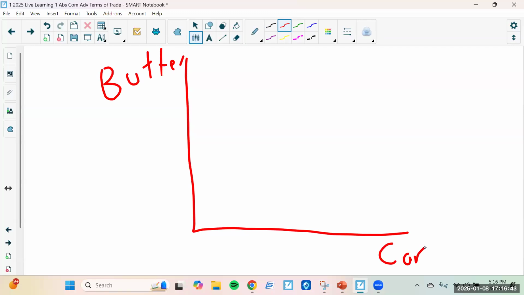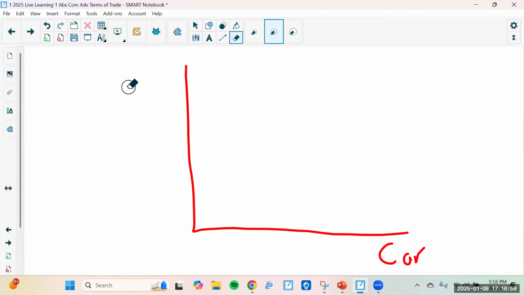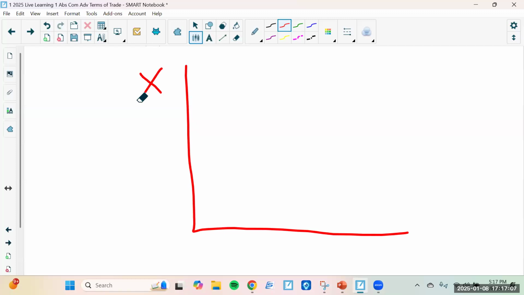Okay, this economy, this factory, this country, this state could produce either butter or cars. Okay, that's a terrible one to use for decreasing opportunity cost. Sorry about that. Because butter and cars definitely do not have a decreasing opportunity cost. So let's stick with X and Z.